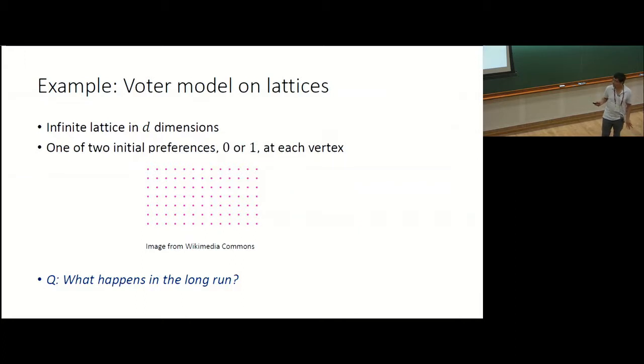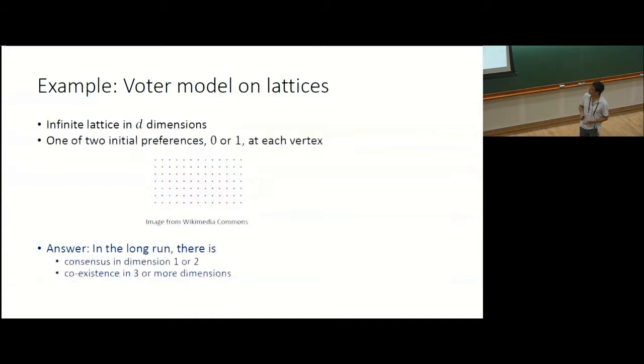And again, you want to ask what happens in the long run. So we saw that in finite graphs, in the long run, we always reach consensus. Everybody becomes 0 or 1. Is that also true in this setting? It turns out that it may or may not be true. It depends on the dimension. So we'll see why we get this answer later.